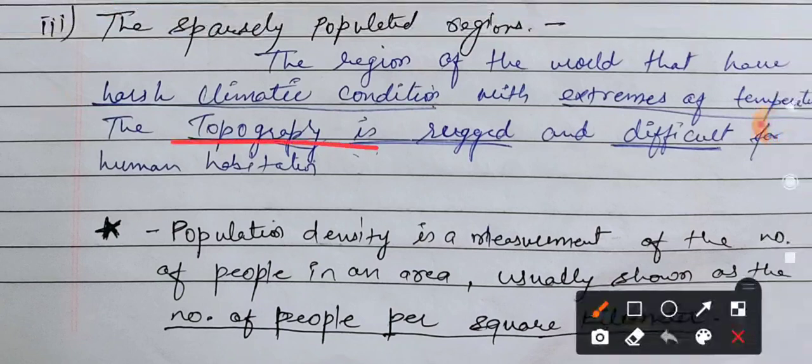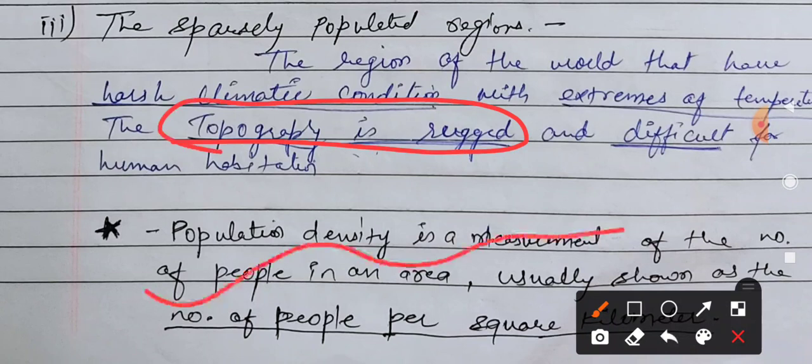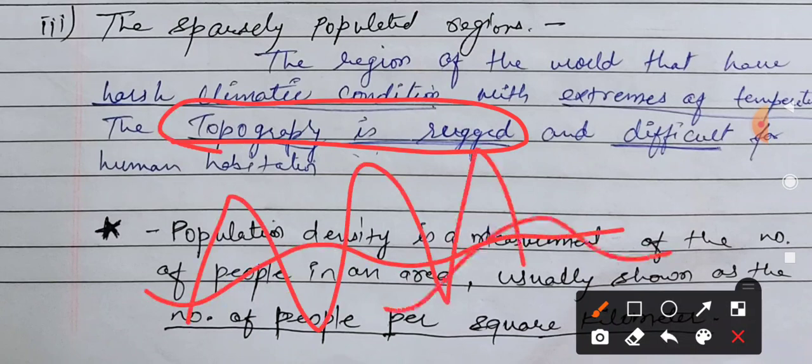And the topography is rugged. Topography means the land area, which is not even, maybe mountainous or desert, and difficult for human habitation. So people are very few in that region, such as the harsh climatic regions like the Sahara and Kalahari deserts.